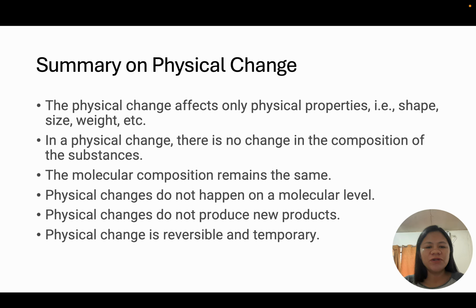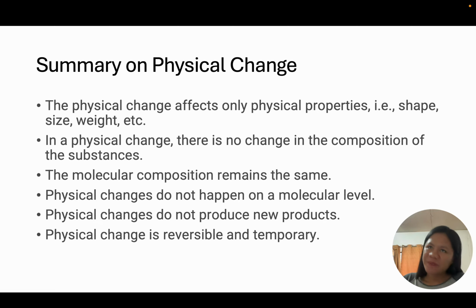The molecular composition remains the same. It just uses energy, or releases or removes energy, in order for it to change into another form. Physical changes do not happen on a molecular level, unlike chemical change. Physical changes do not produce new products. Physical change is reversible and temporary.